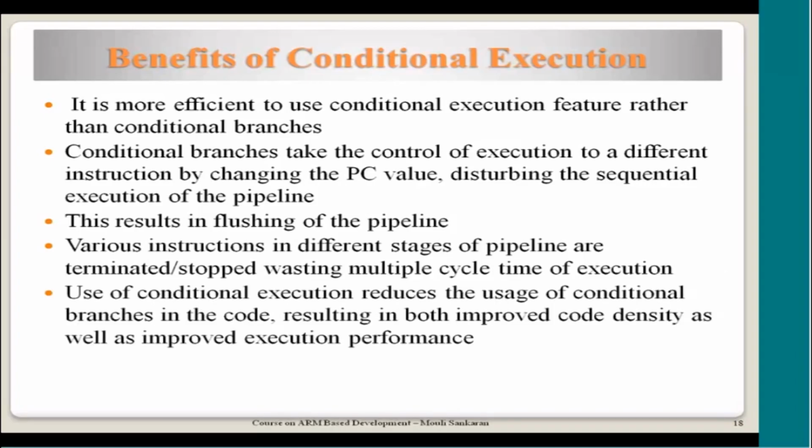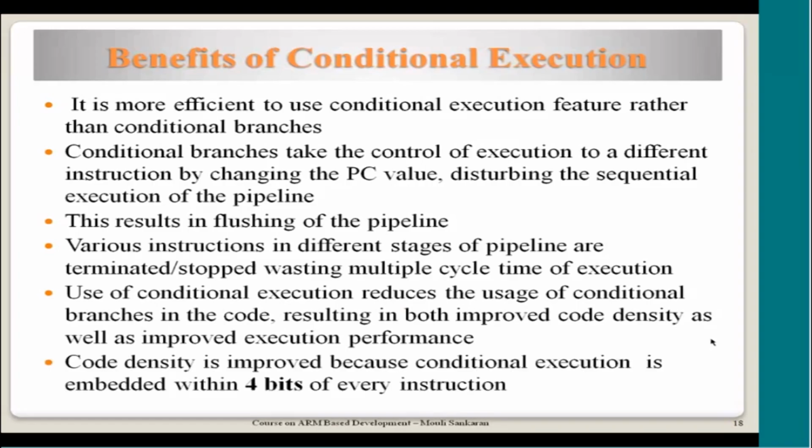Whenever that particular branch condition is true, those two instructions in the pipeline need to be flushed, and the new instruction has to be fetched, which will involve more time. And I told you how conditional execution improves the performance, because there is no flushing of the pipeline, and code density is better because this particular condition is encoded within the 4 bits of the instruction itself.